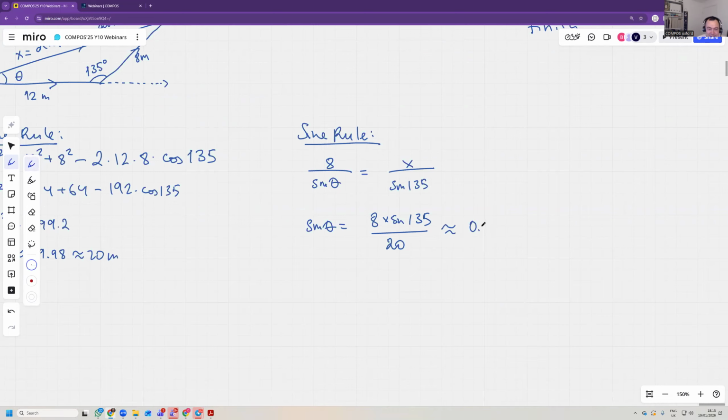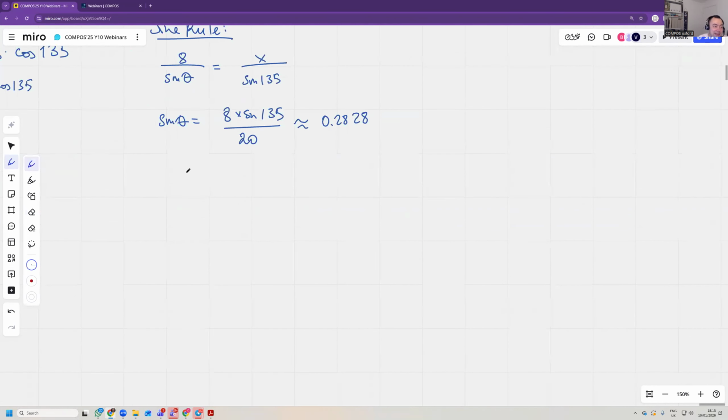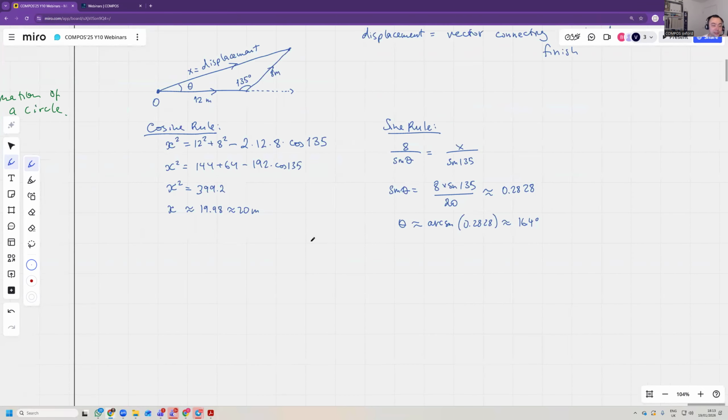It's 0.2828. And hence theta is arc sine of 0.2828, which is approximately 16.4 degrees, which looks very reasonable.